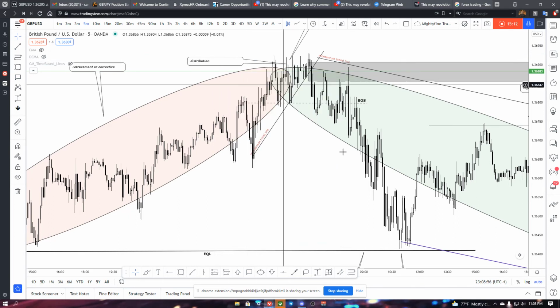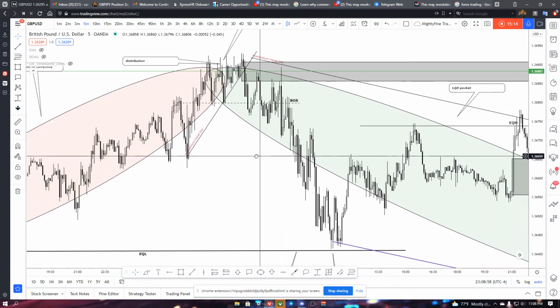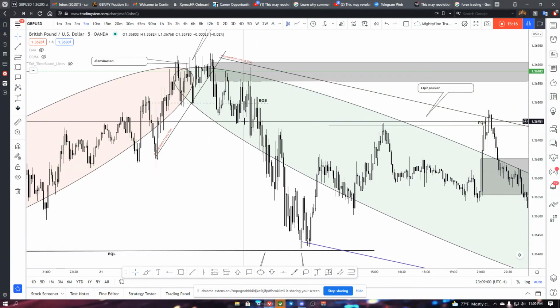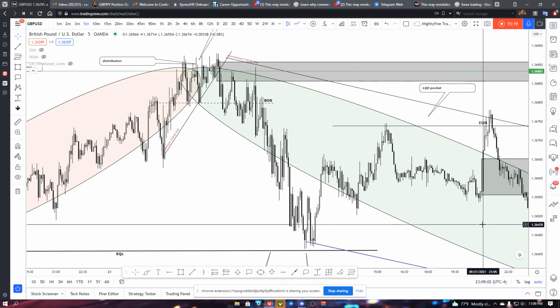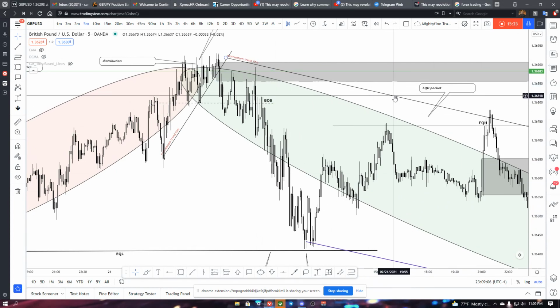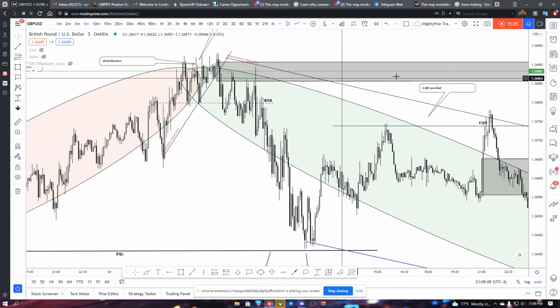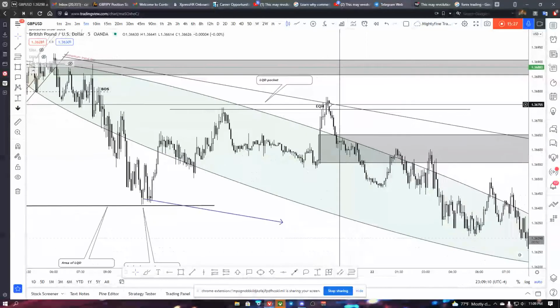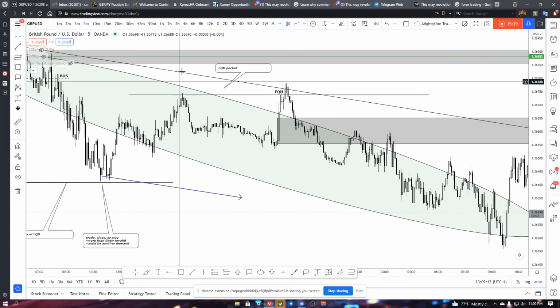So if we know this was a distribution with breaks of structure, which sponsored this downtrend, it makes sense to place your trade in this region, as well as liquidity above this region.